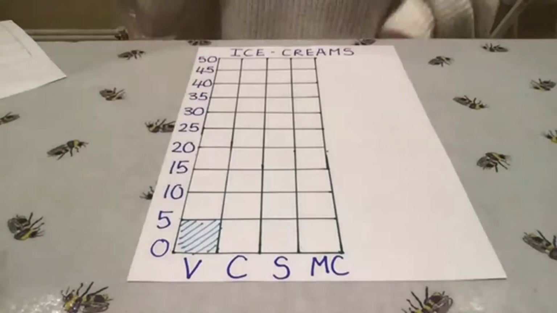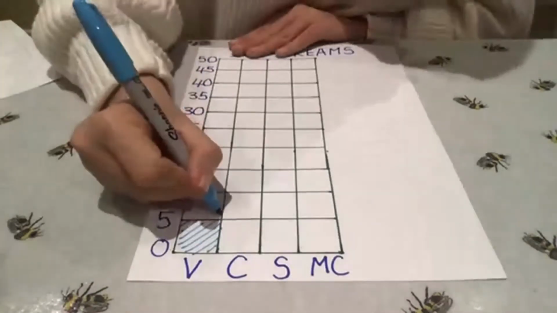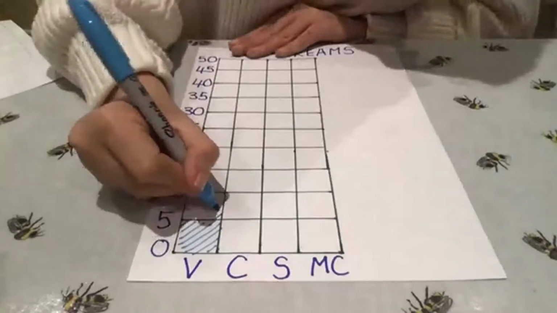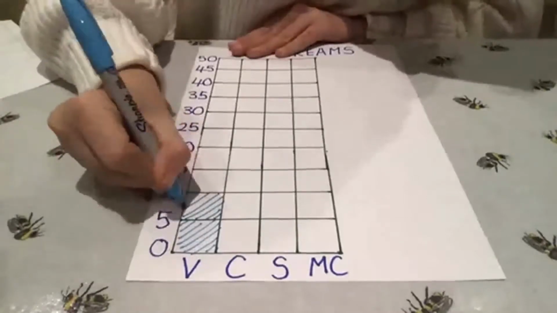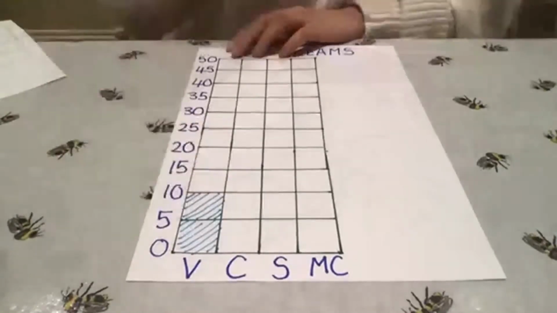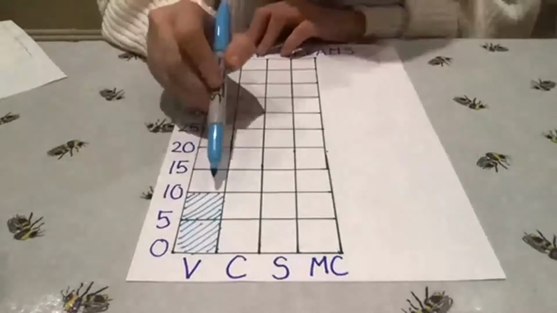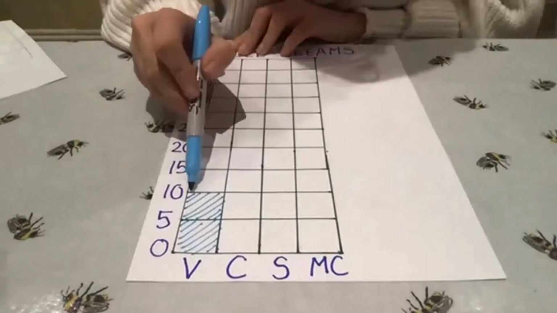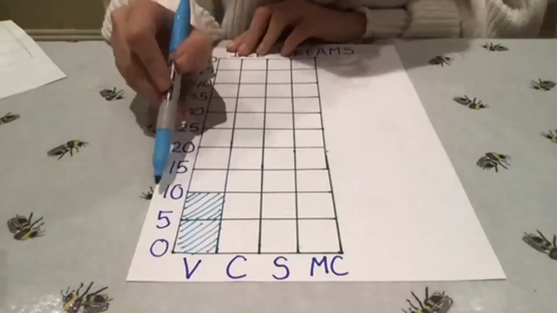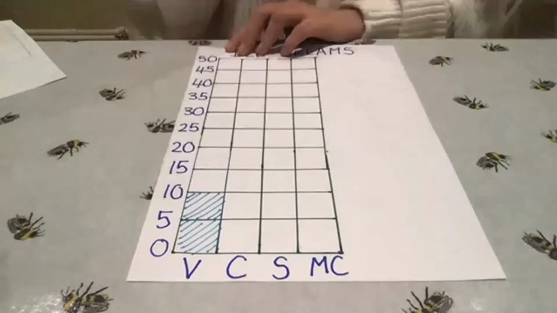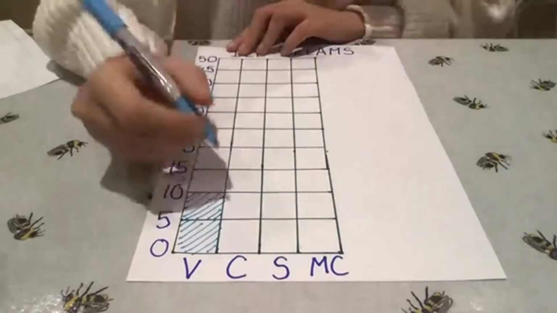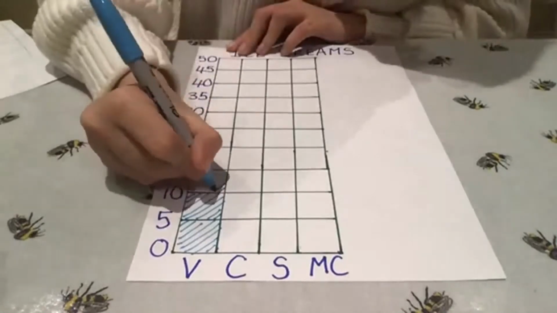Okay, so let's colour in another one because we need to get to 15, don't we? So if I colour in another one, what am I at now? How many vanilla ice creams are there? If we put our finger across, we know that there are 10 vanilla ice creams now. Okay, let me do one more, see what we get to then.